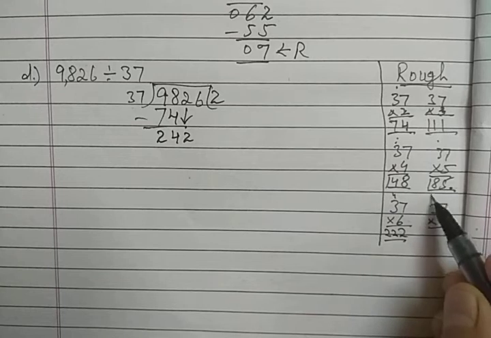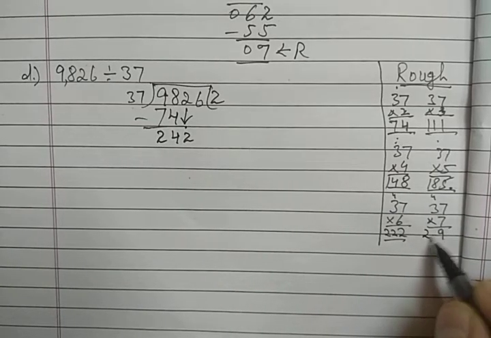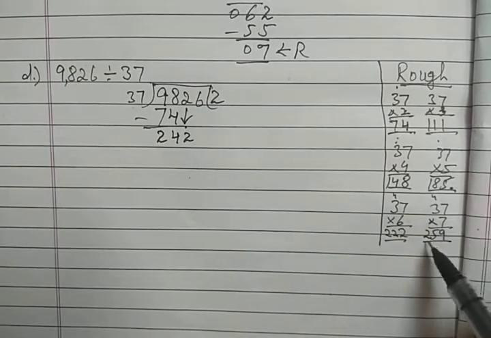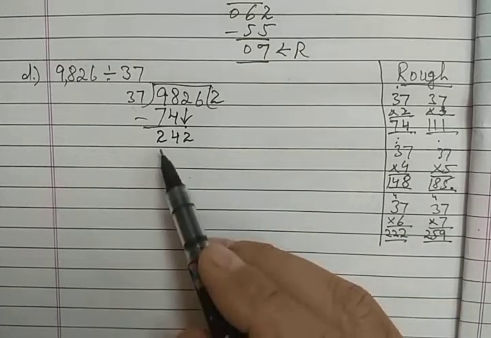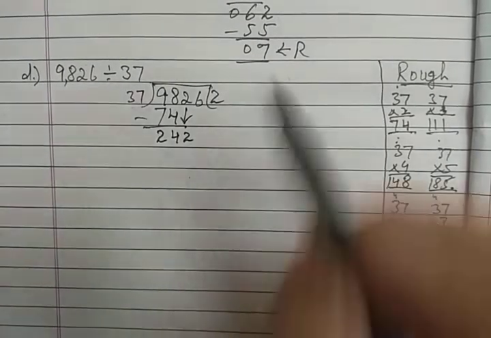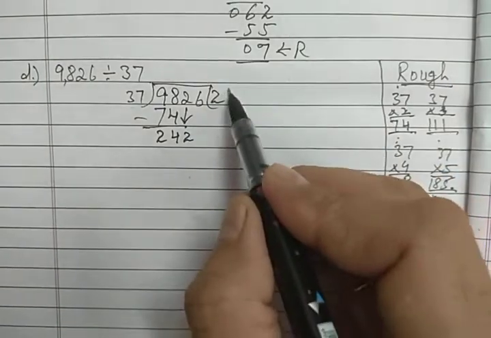Then 7 sevens are 49, 7 threes are 21 plus 4 is 25. Now you can see here 37 sevens are 259, that is greater than 242. So we will take 37 sixes are 222.